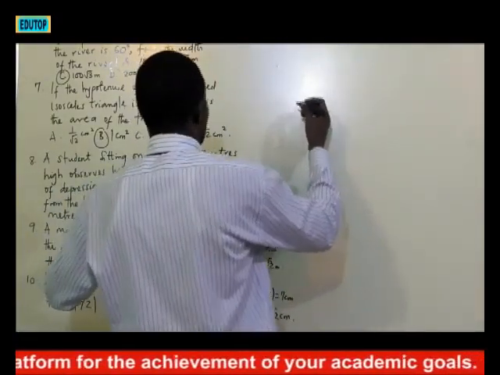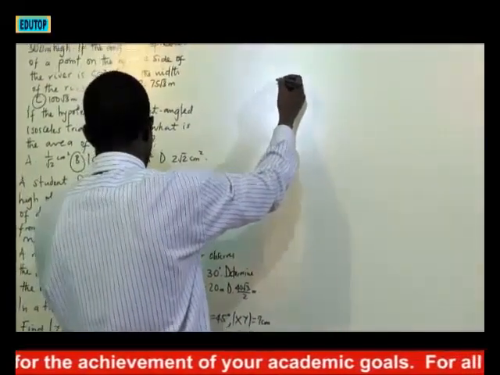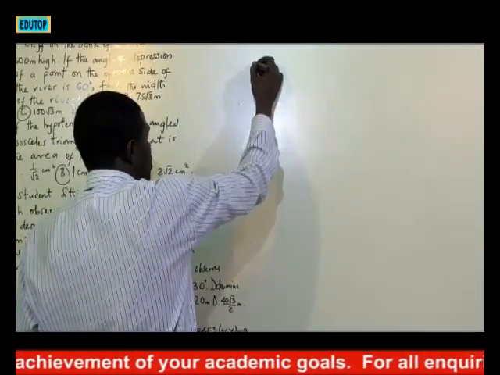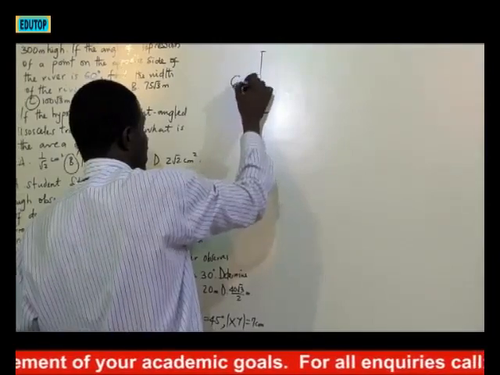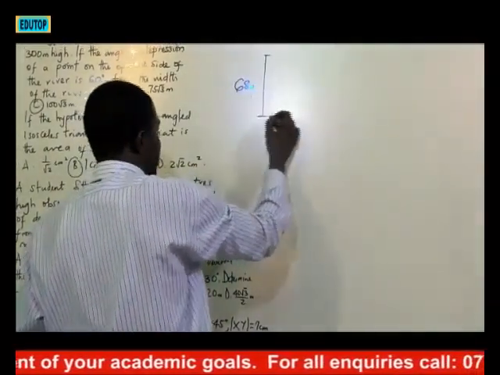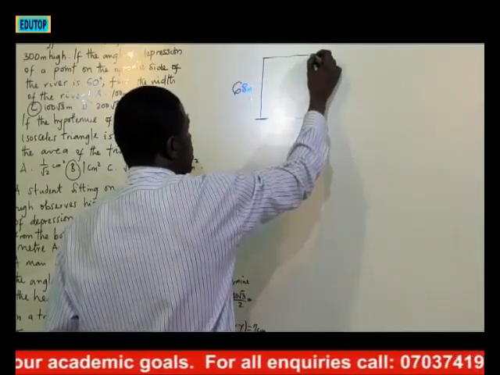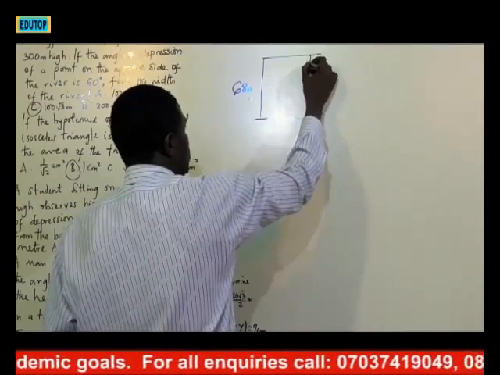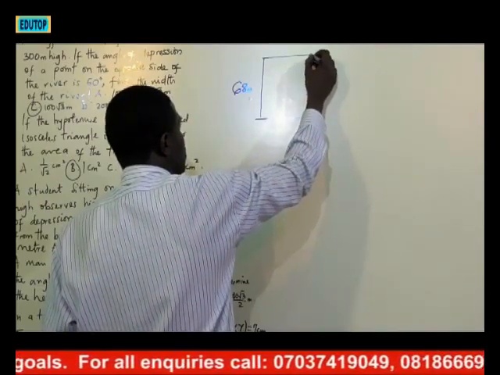The tower is 68 meters high. So definitely let's say this is the tower, which is 68 meters high. So we have the angle of depression, which is 20 degrees.